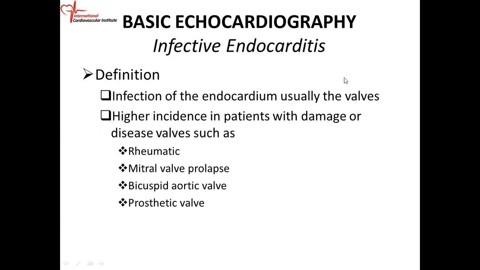All right, so how do we define infective endocarditis? It's an infection of the endocardium, usually the valves, and the infection will be in a setting of some abnormality in the heart tissue for the infection to start and develop.